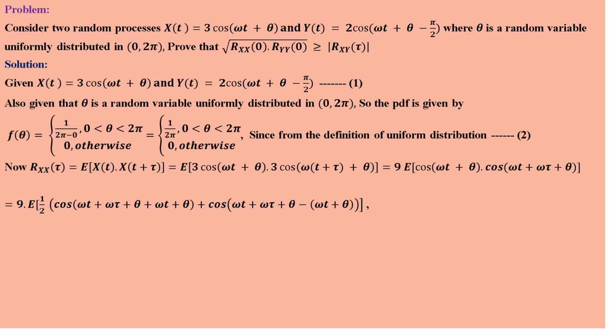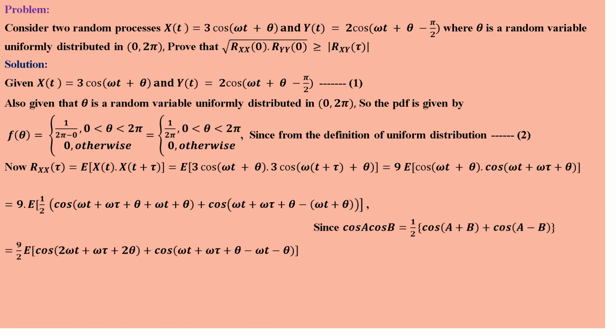So which is equal to 9 into expected value of cos A cos B, with the formula cos A cos B = half of cos(A + B) plus cos(A − B). Here A is nothing but ωt + ωτ + θ and B is equal to ωt + θ. So we will get 9, and 1 by 2 is constant, so we are taking outside 9 by 2, expected value of cos(ωt + ωt, that is 2ωt, plus ωτ, θ plus θ, 2θ).